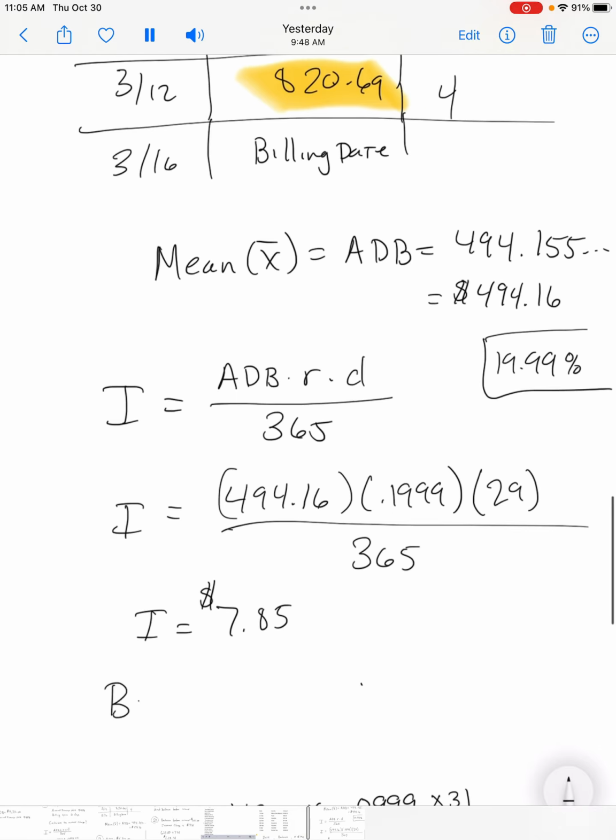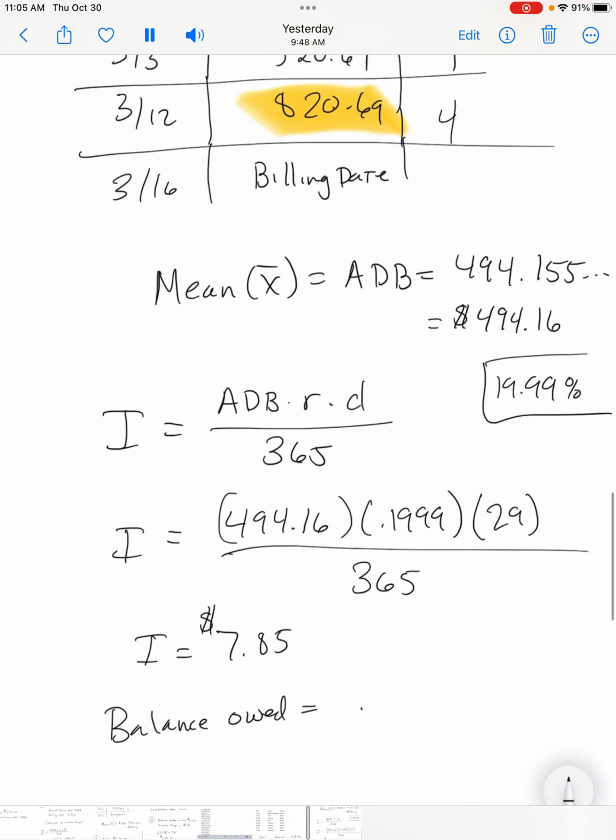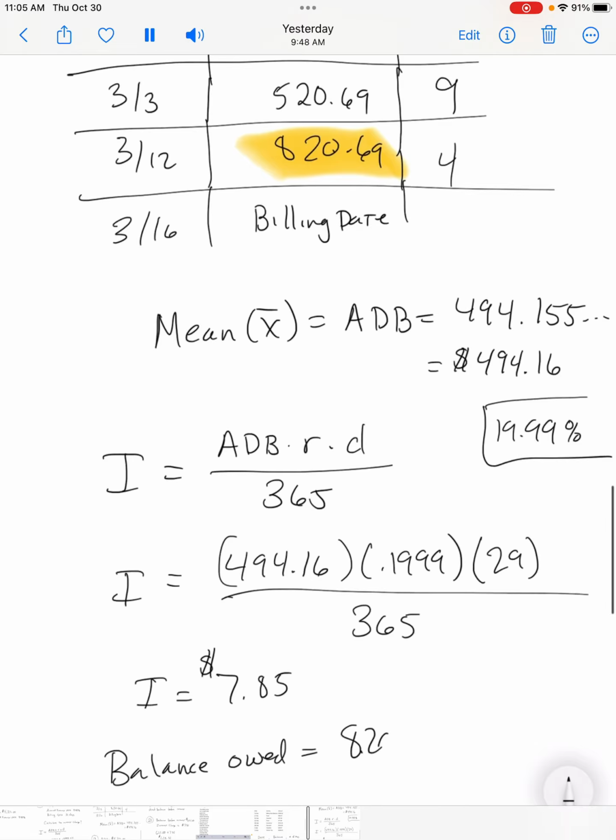So what's left to do? The balance owed is the amount we owed at the end of the billing cycle, which is $820.69, the number right above that's highlighted. But we have to add the interest, $7.85.